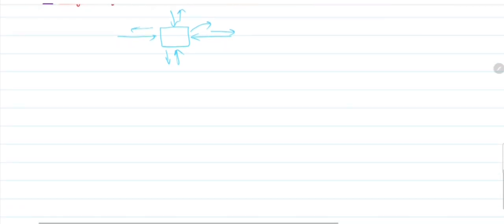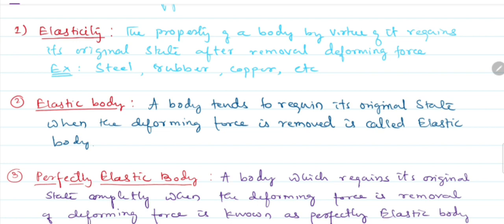So now here, what is elasticity? The property of a body by virtue of which it regains its original state after removal of the deforming force is called elasticity.